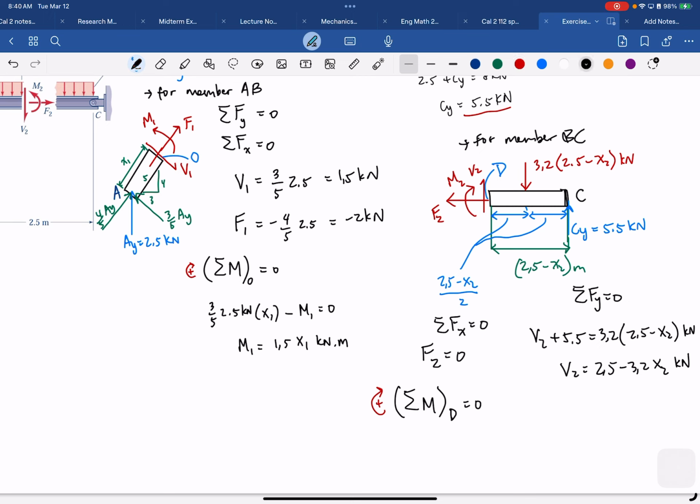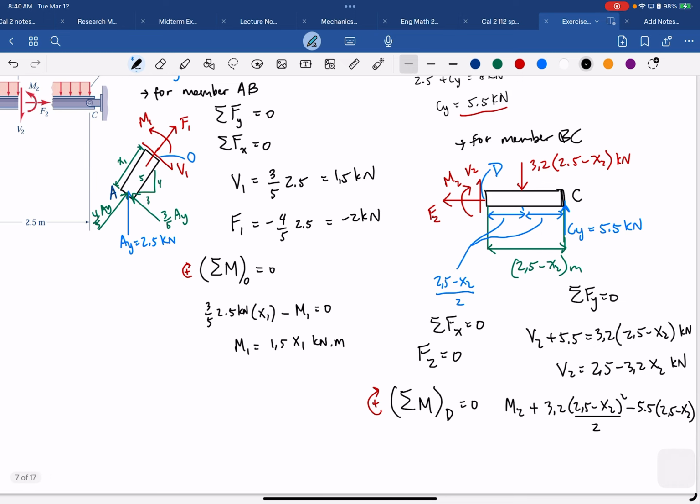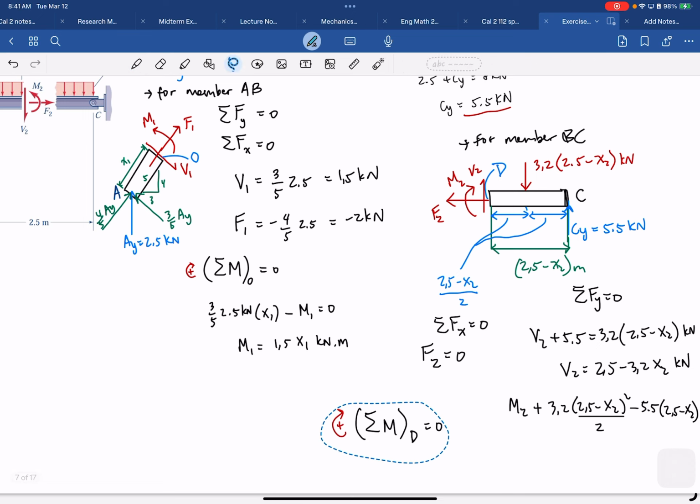So we can write the M2 plus 3.2, 2.5 minus x2 squared over 2. And then the rest is minus 5.5, 2.5 minus x2. Let me go through that.